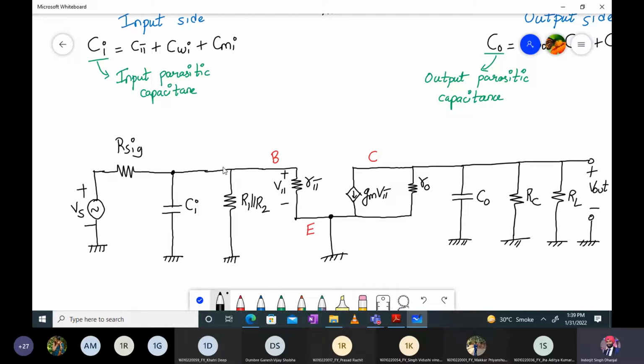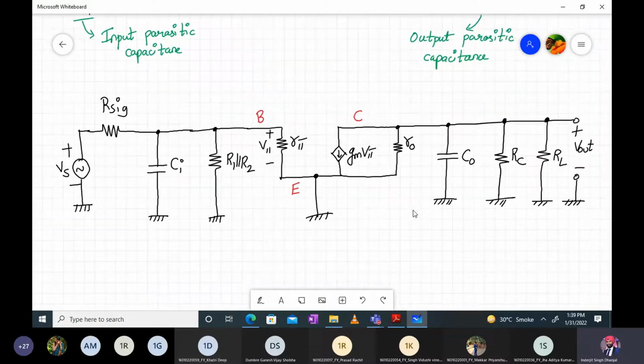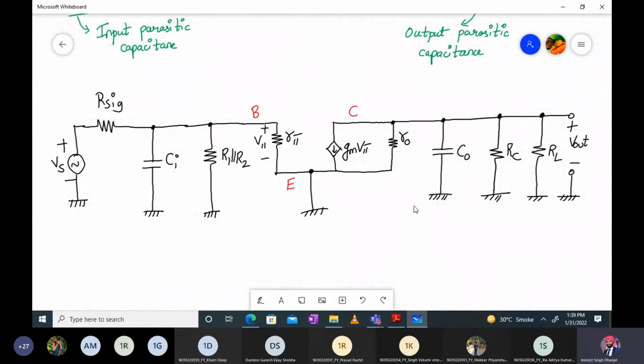Up till here, any problem in understanding? Anyone? Any doubt up till here? Because this is an important step. So this circuit is called the high frequency small signal equivalent circuit. We have learned to draw three types of equivalent circuits.